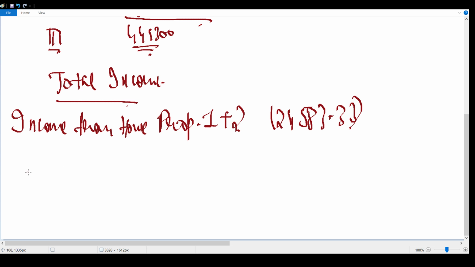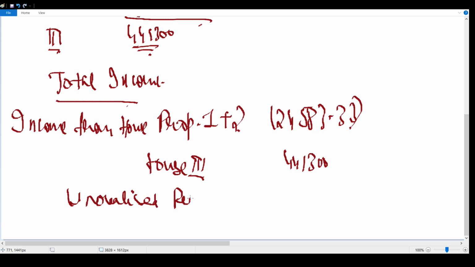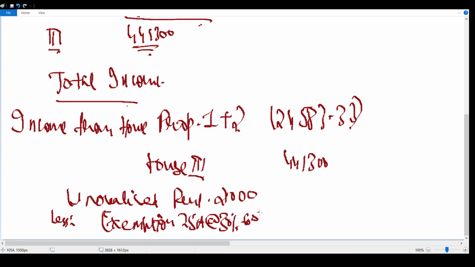Then house 3, 4,41,300. Then recovery of unrealized rent, 2,000 was the unrealized rent, less deduction under section 25, 30%, 600, that is 1,400.